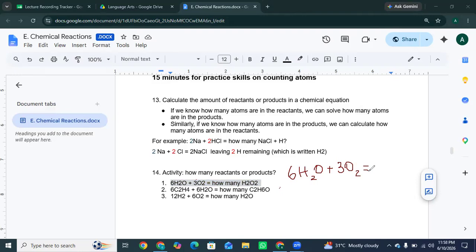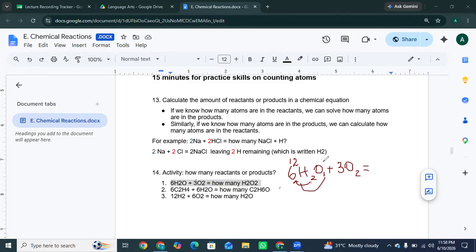So count what you have on the left side. As I have told you, we simply multiply this with this, which means we have 12 hydrogen atoms. And oxygen is simply 1 in this, which means 1 multiplied by 6 is 6.